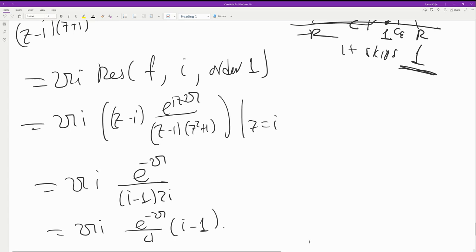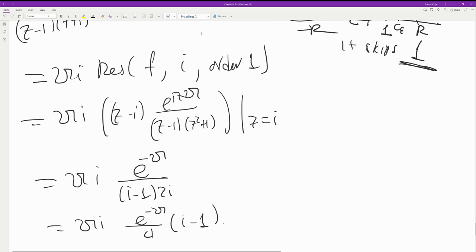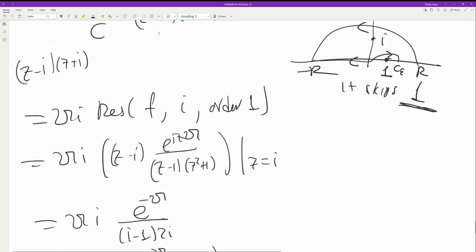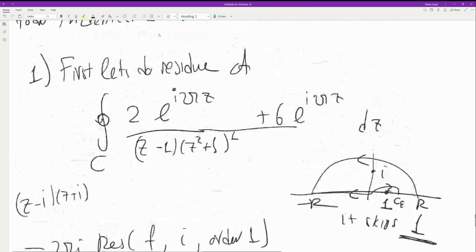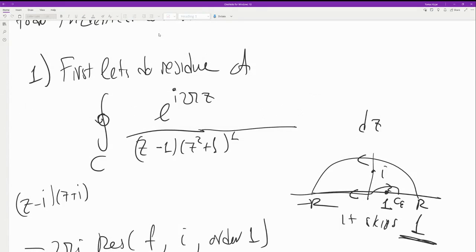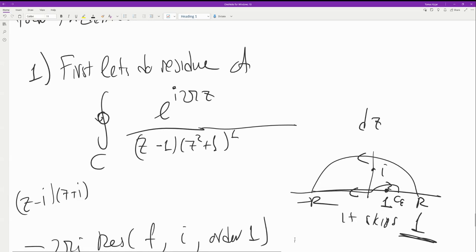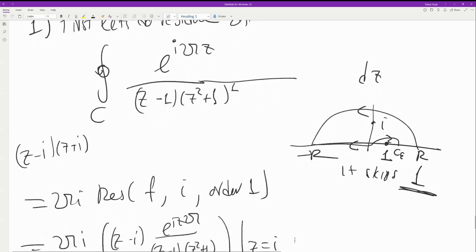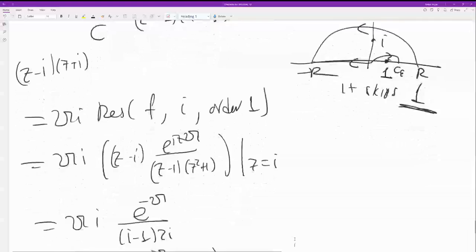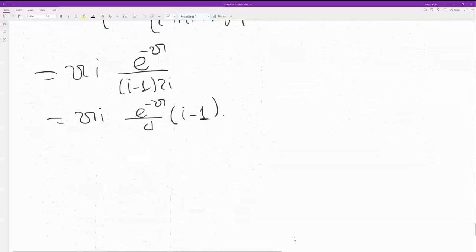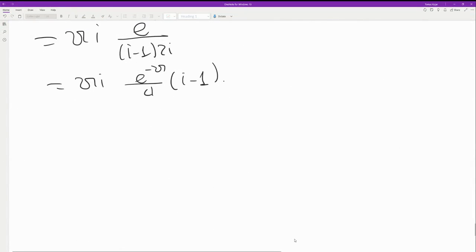Okay, I should mention this, I'm just doing this guy first, just a single integral, because it's the same. So that's that. We found the residue.